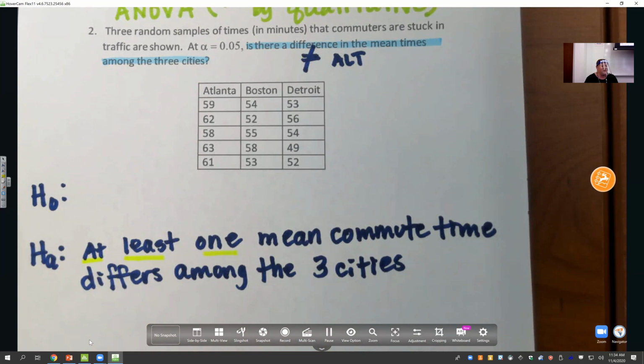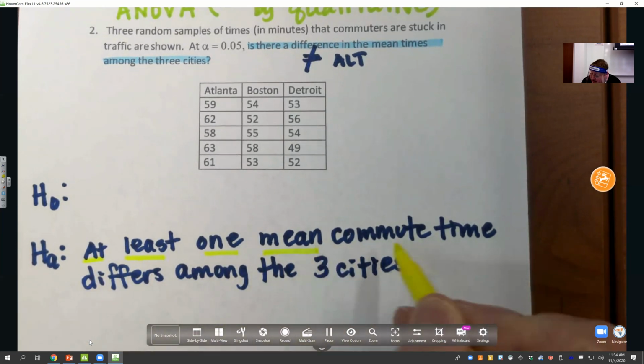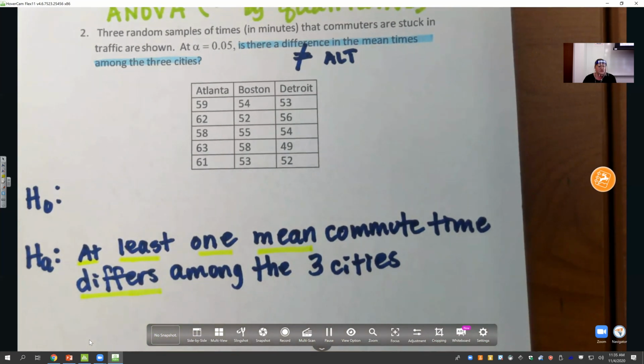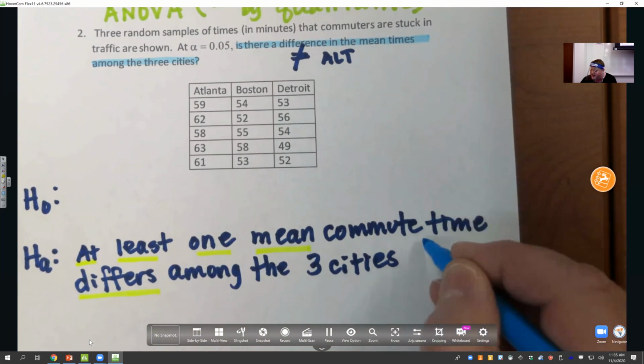Okay, so every alternative hypothesis related to ANOVA should begin with that phrase, at least one mean, whatever, differs. Okay, that's pretty much how it's going to be worded. At least one mean of whatever differs. And again, mathematically, that implies that this is not equal.